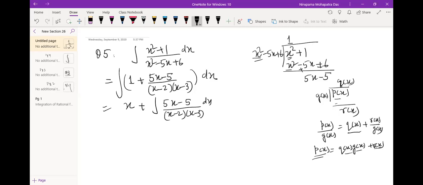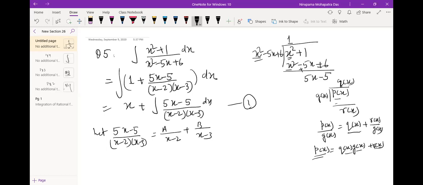So quickly we can do it. Let 5x minus 5 over x minus 2 into x minus 3 equal A by x minus 2 plus B by x minus 3. When solving this, multiply both sides by x minus 2 into x minus 3.